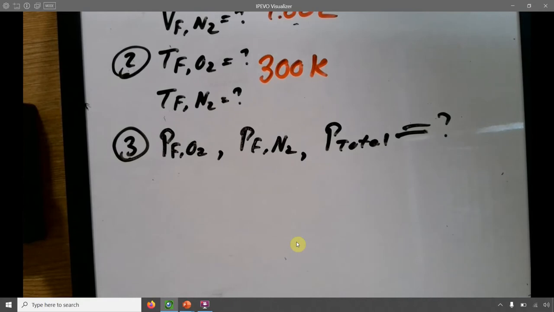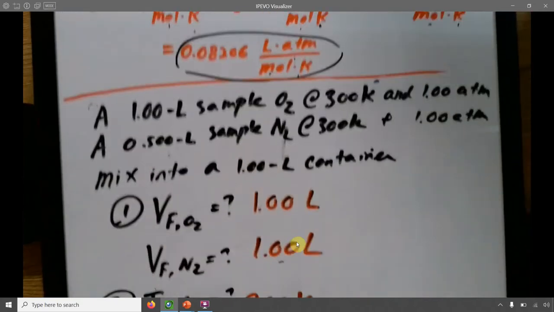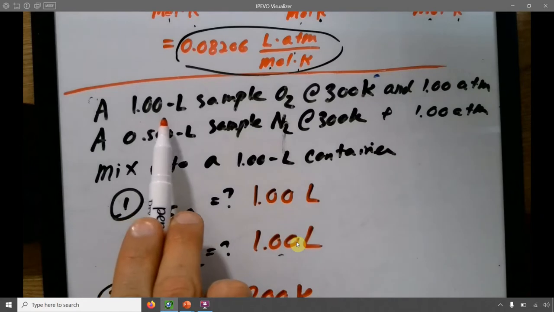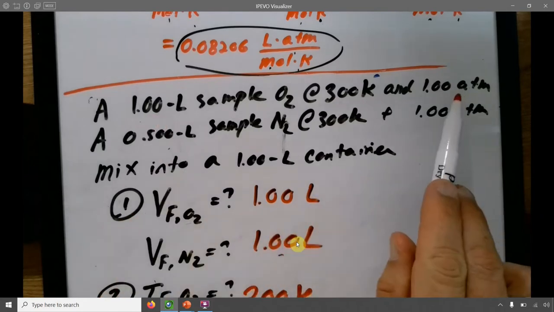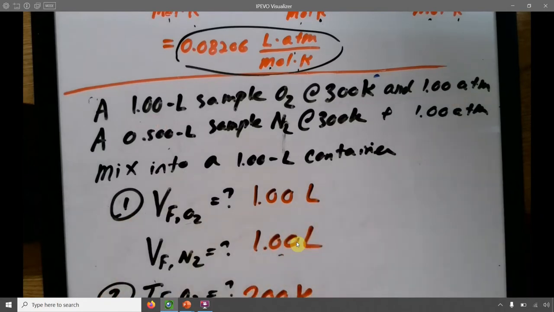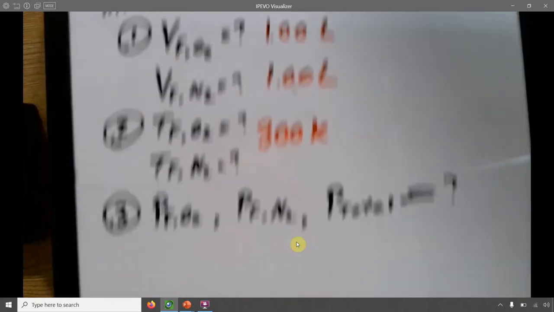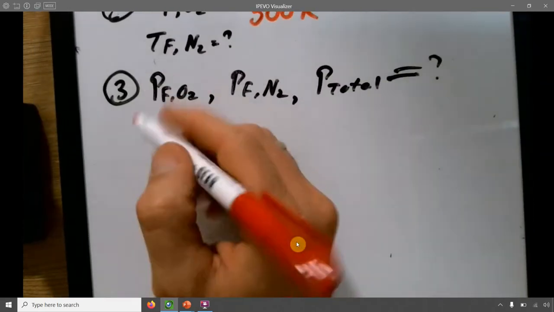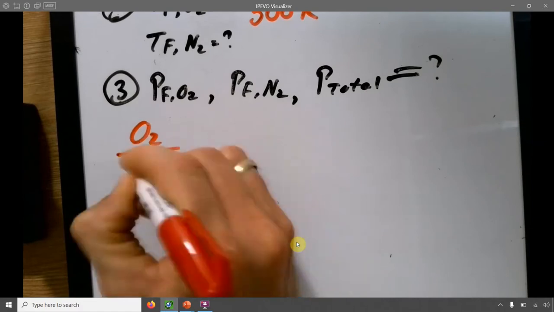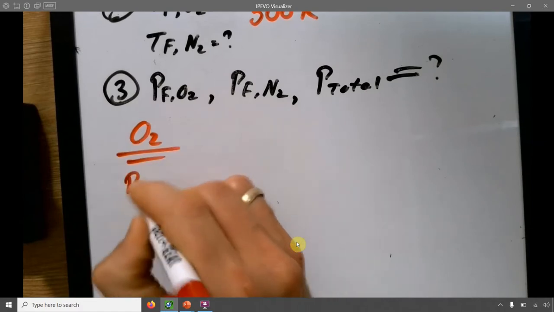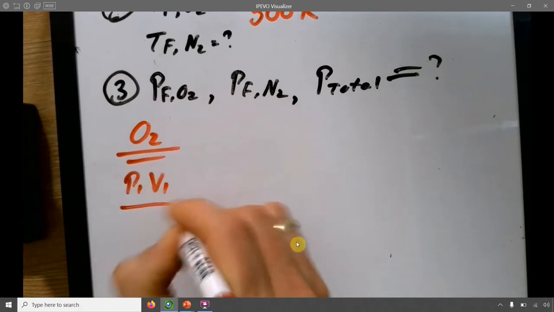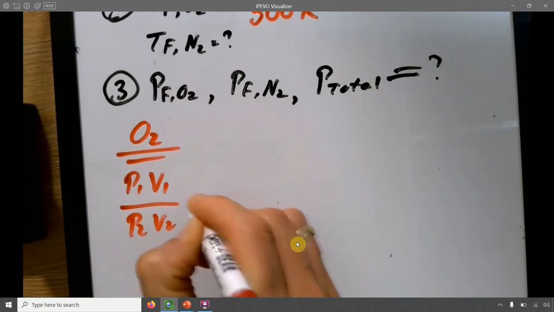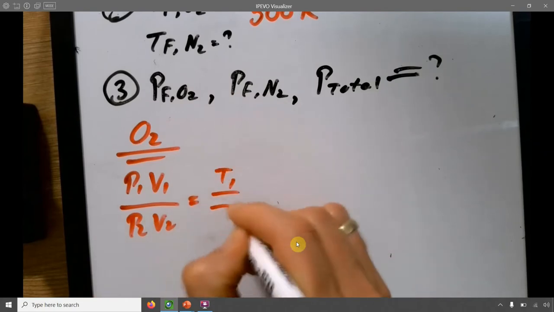Now, I'm talking about two states. To remind you, I'm starting my oxygen at 1 liter, 300 K, 1 atm, and I'm mixing something in, and I'm coming up to a second state. So I'm going from one state to another. For oxygen, I will have P1V1 divided by P2V2 is equal to T1 over T2.